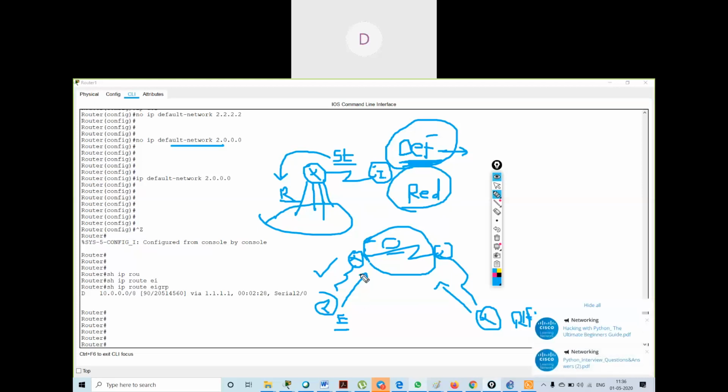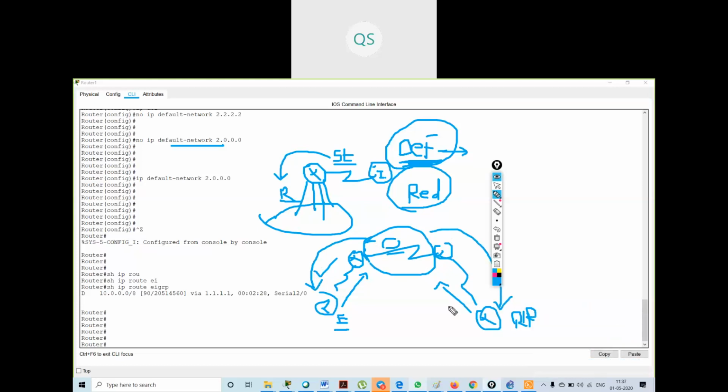These OSPF routes will be advertised into EIGRP, and you can see the OSPF routes in this router's routing table. Understood? If we use redistribution.